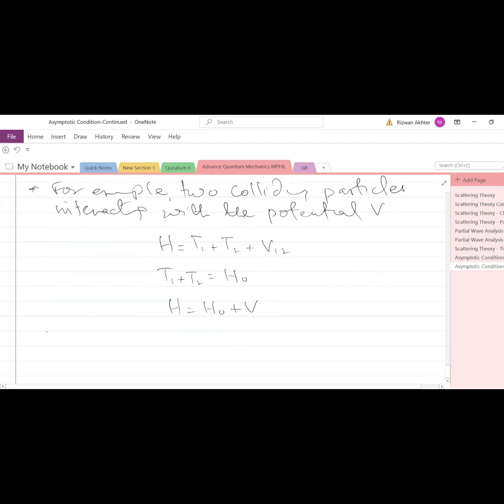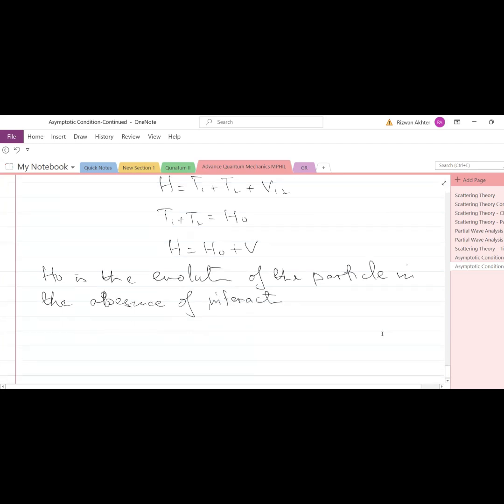So H naught is the evolution of the particle in the absence of interaction. So there is no interaction when the particle is evolving as per H naught.